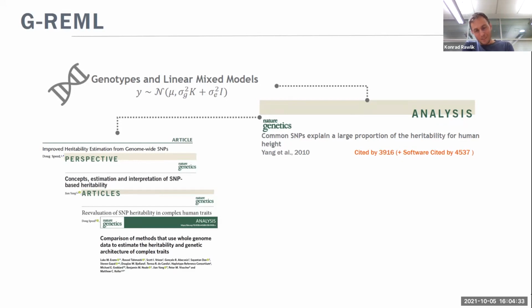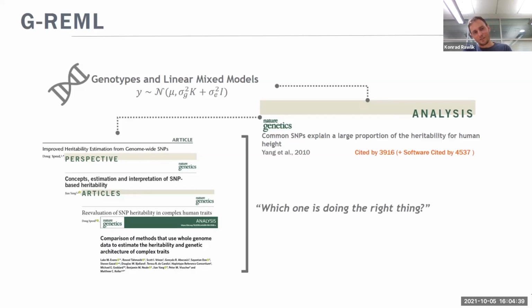The question that naturally arises, seeing that all these papers claim that they do the right thing, but all are different, is which one is actually doing the right thing. All these papers have formal arguments why they're doing the right thing. Basically, what I'm going to try to do in the rest of the talk is reconcile all these papers and actually explain what they're doing and why I don't think that they're potentially doing the right thing, or at least not doing the right thing in the sense that you might expect.